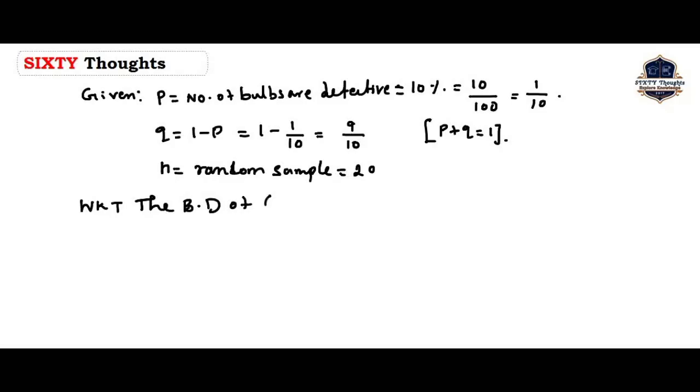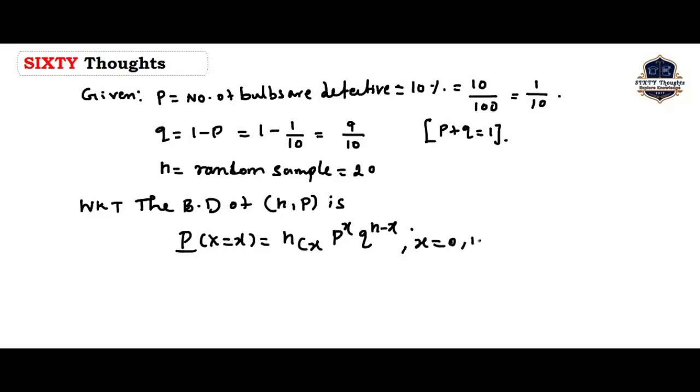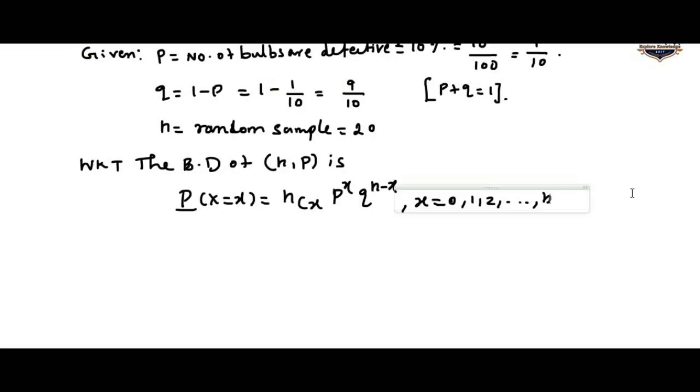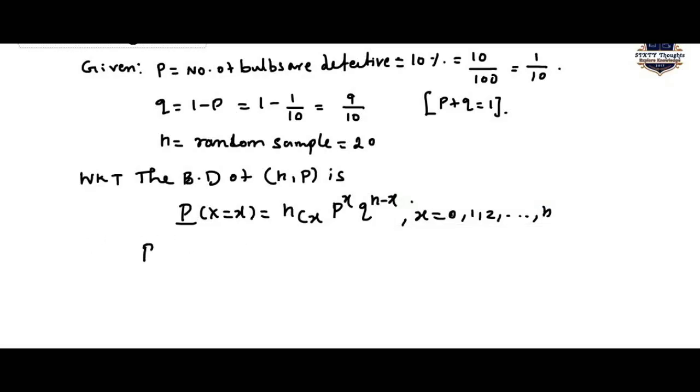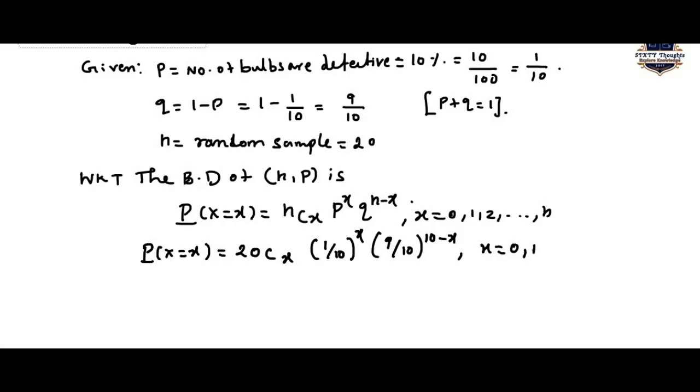The binomial distribution with parameters n, p is defined as probability of capital X equal to small x, that is equal to nCx p power x, q power n minus x, where x varies from 0, 1, 2, 3, up to n. Here the n value and p value are given, so we write the probability mass function: P of X equal to x is equal to 20Cx, 1 by 10 power x, 9 by 10 power 20 minus x, where x varies from 0, 1, 2, 3, up to 20 bulbs. This is our equation number 1.